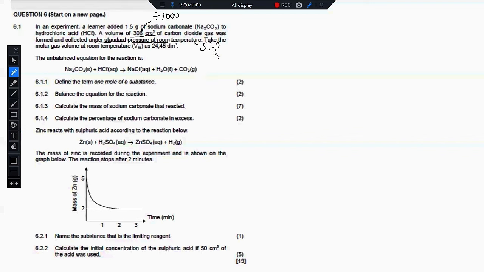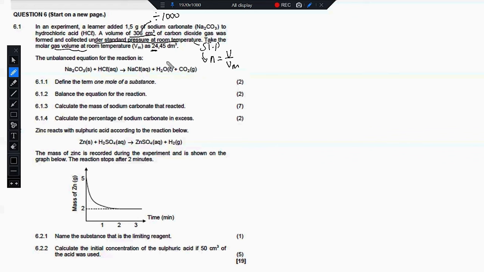And the formula that comes to mind when we are using STP is obviously n equals V over Vm. Remember, we said this formula only applies to gases that are produced under STP, standard temperature and pressure. Then we are also given the molar gas volume at that room temperature as 24.45 dm cube.